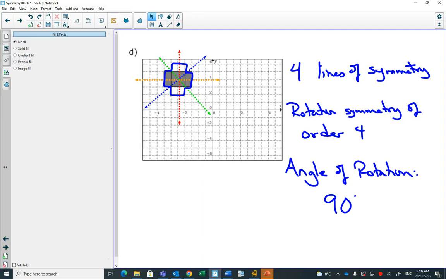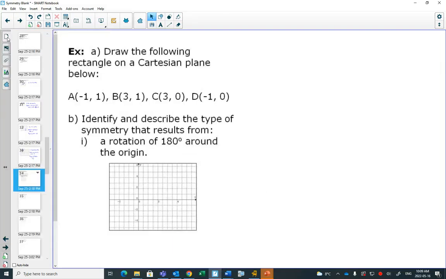Okay. Now, this next question has a bit of review of plotting points. Sometimes, coming from middle school, you forget a little bit. What do you do first? That's the question. Where do I put -1, 1?